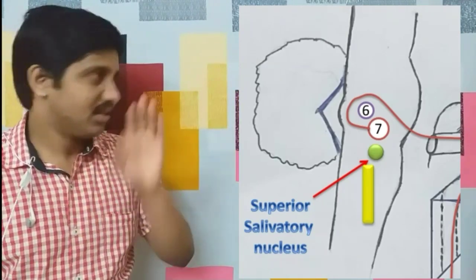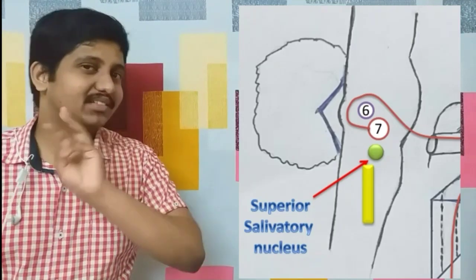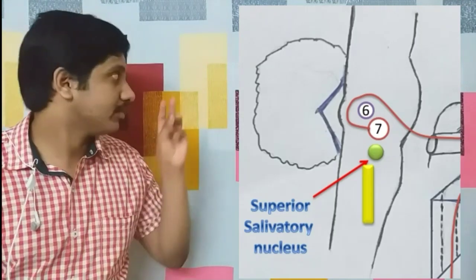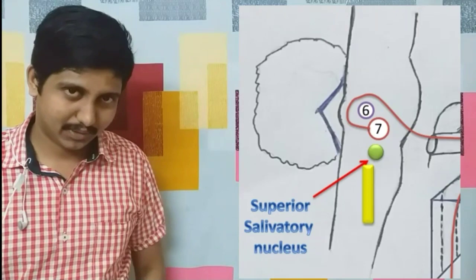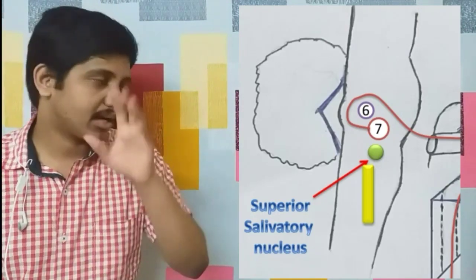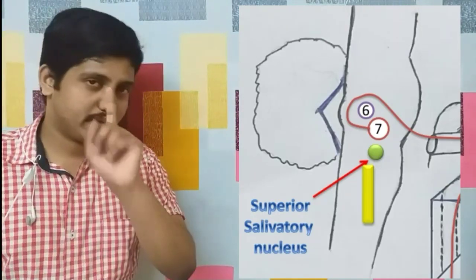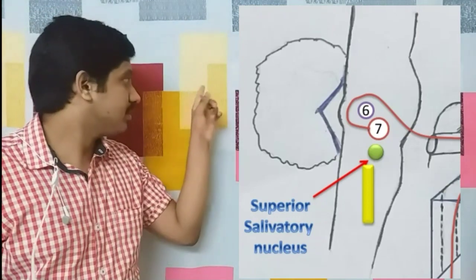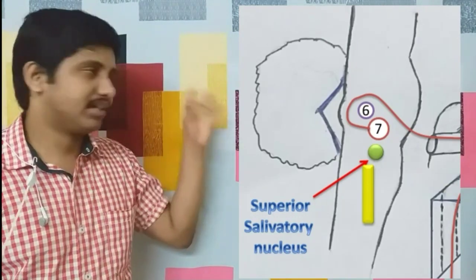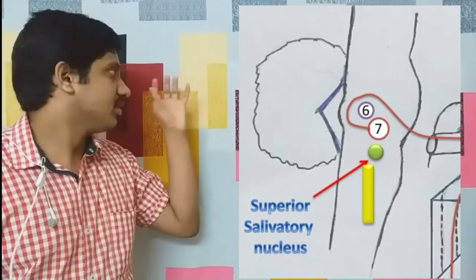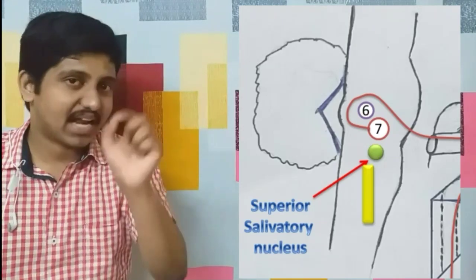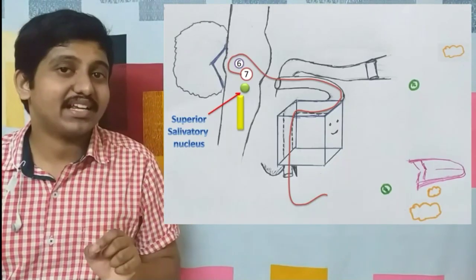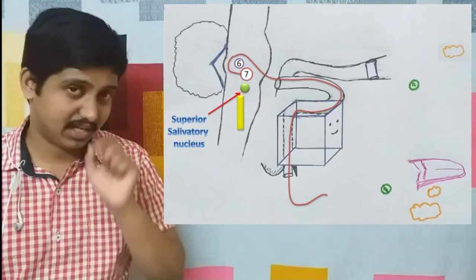Now let's go to the other three nuclei, that is the sensory nuclei, which form the sensory fibers. The first one is the parasympathetic nucleus, that is the superior salivatory nucleus. You can also call it the lacrimatory salivatory nucleus.